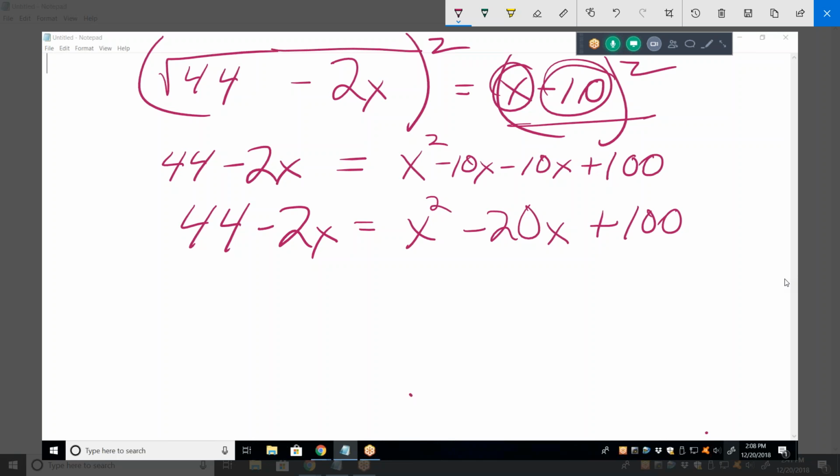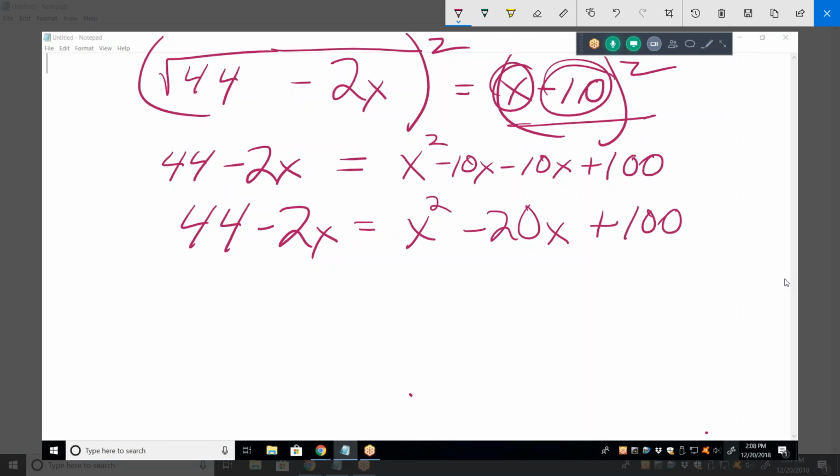What are we looking at? What kind of an equation? Okay, how do you solve quadratics? You have to put 0 on one side. That's the key.